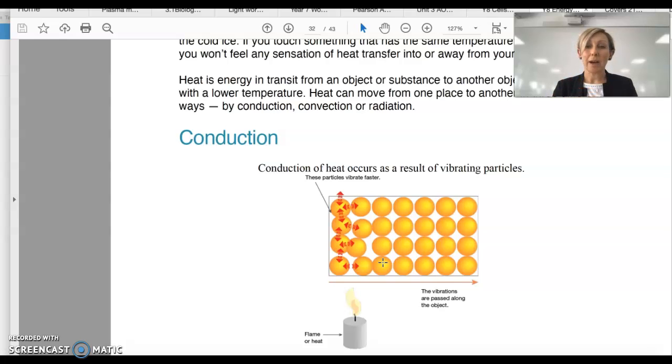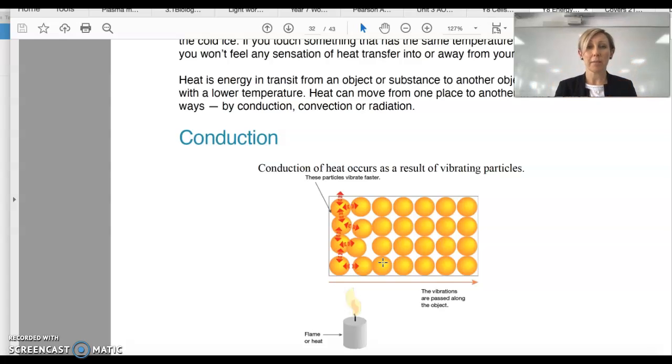When you're asked about conduction, you need to consider how densely packed the particles are in that substance. Good conductors tend to have very tightly packed particles that can easily pass the energy from one to another. Good insulators, which are poor conductors, have lots of space between the particles and find it more difficult to pass the energy from one to the other.